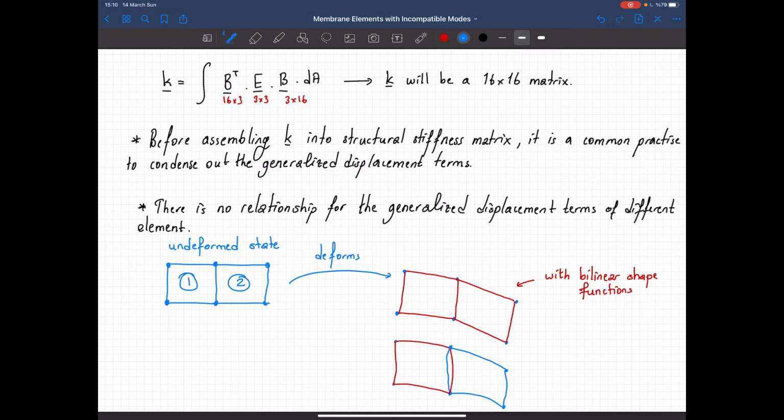So here what we observe is overlaps or gaps in the displacement interpolation in these elements.